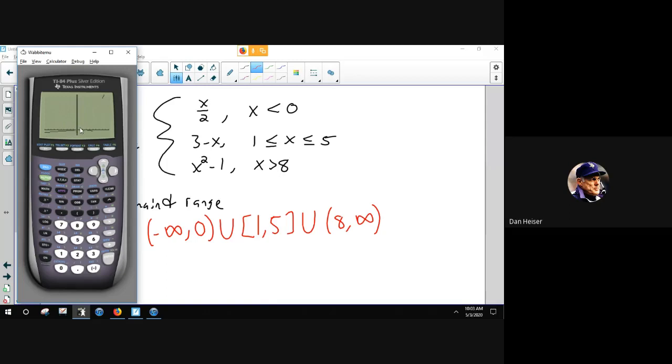This, again, x over 2, that's 1/2 x. We need to recognize that as linear. That's going to come up here to 0, starting at 1. This y value starts at 2 and comes down. So I'm going to zoom into this part right here.